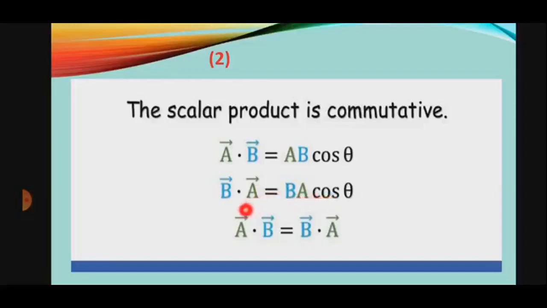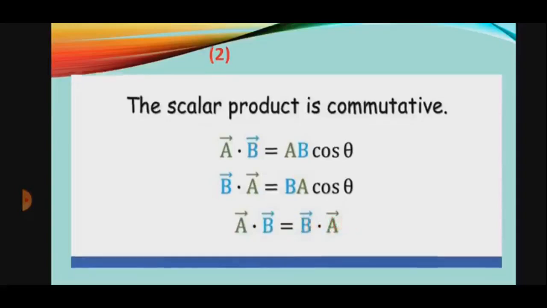Cos 90 is equal to 0, cos 0 is equal to 1. So when both are in the same direction, it is equal to 1, so it is maximum. Now the commutative law: A vector dot B vector is equal to B vector dot A vector. This is the commutative law.